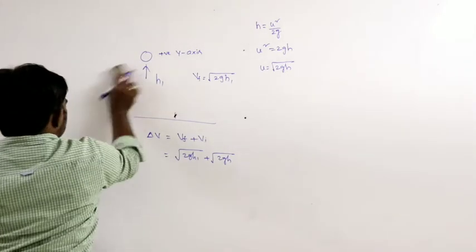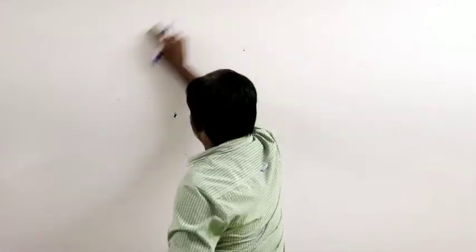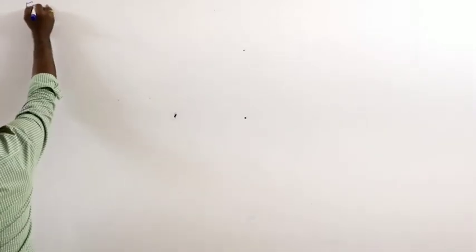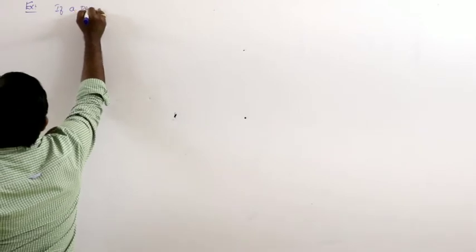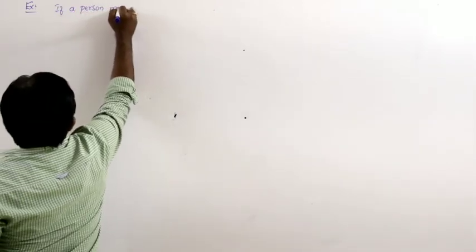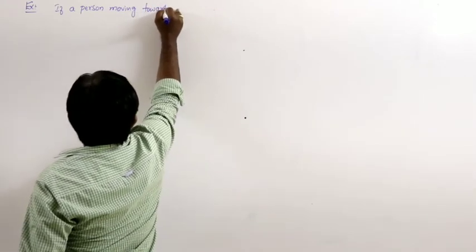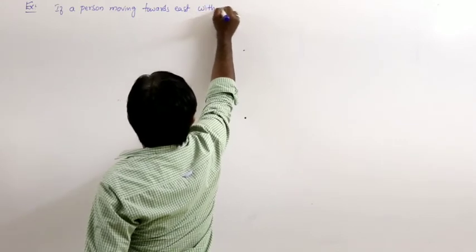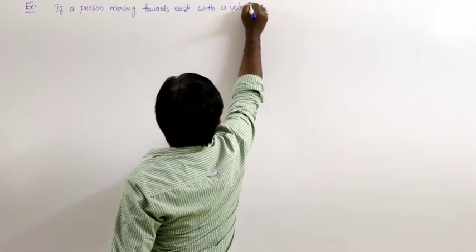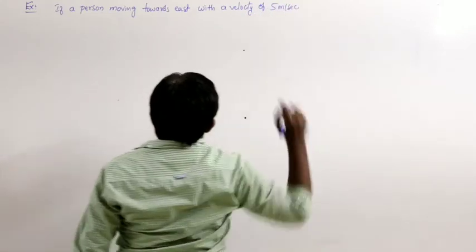Next, let's do one example here. A person moving towards east with a velocity of 5 meters per second.